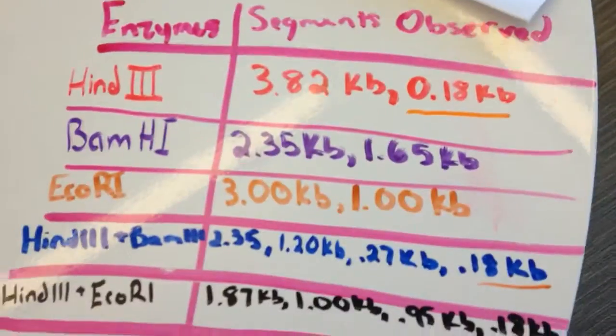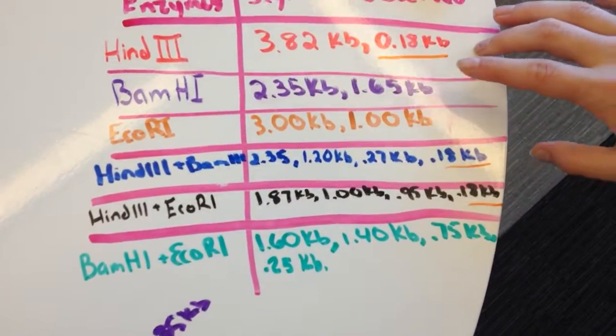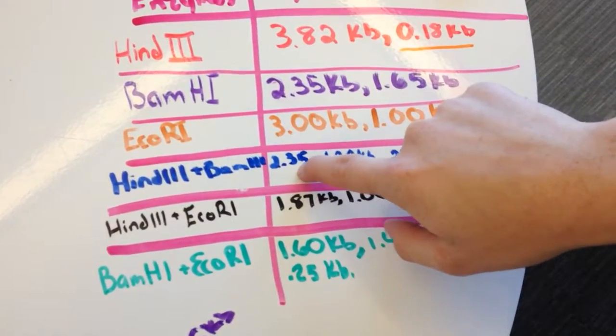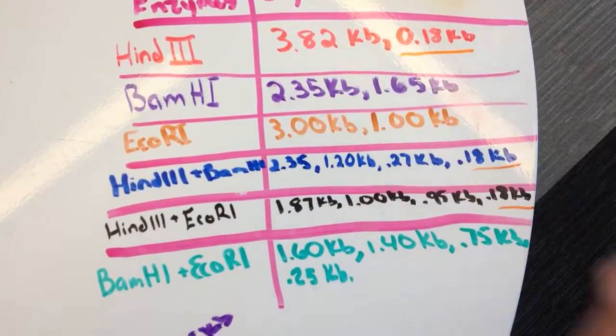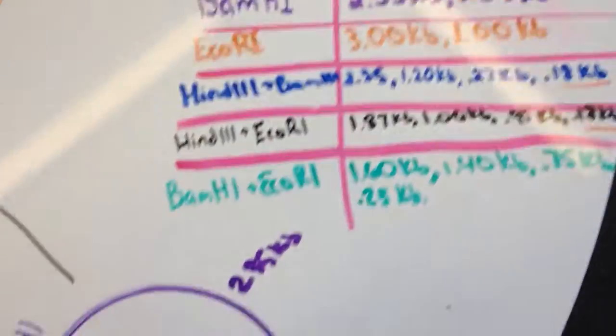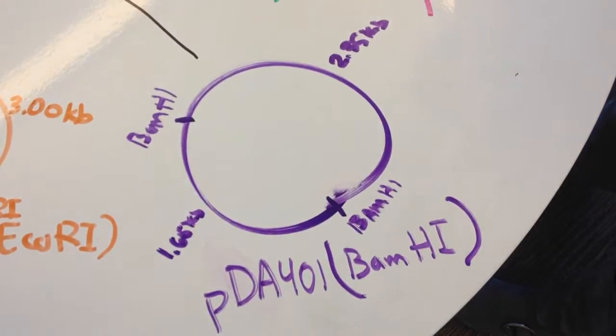Yeah, so we know that when looking at HIN3 and BAMH1, another similar fragment was the 2.35 kilobases. So we knew that when this was cut, that size of the fragment, as you can see here, would still remain the same.